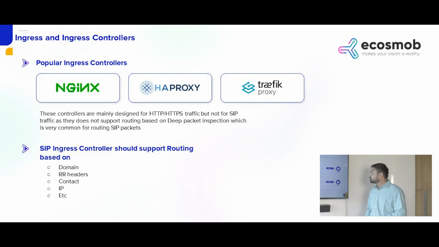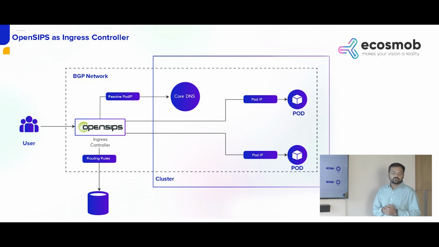So here you go. Finally, OpenSIPS is the answer, because OpenSIPS is very good with deep packet inspection. It can look at each and every detail of a SIP packet and then route the traffic. So what I did over here, you can see this is a BGP network, right? In this diagram, these are two pods, and this is a non-worker node, or non-cluster node, which is outside of the cluster.